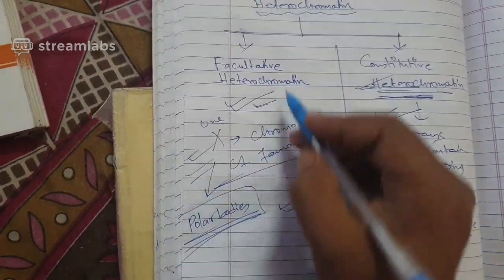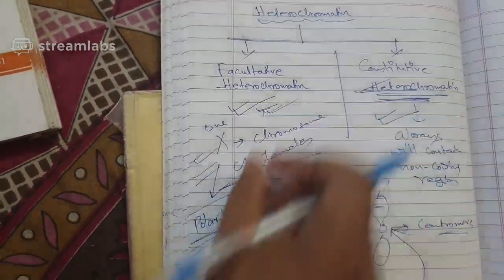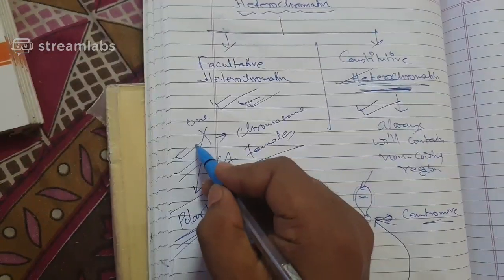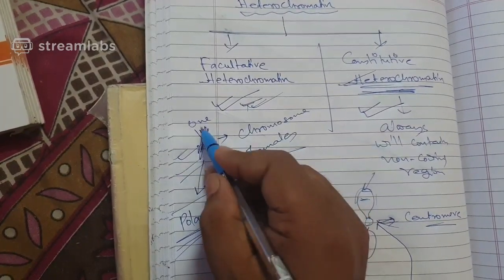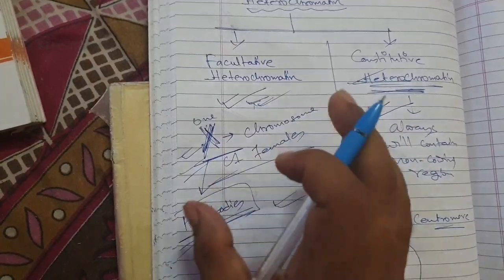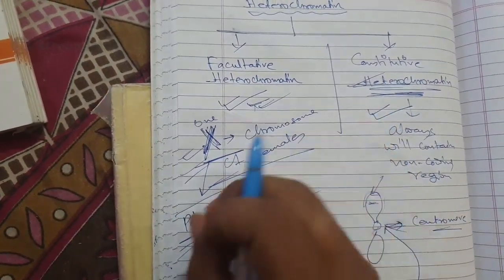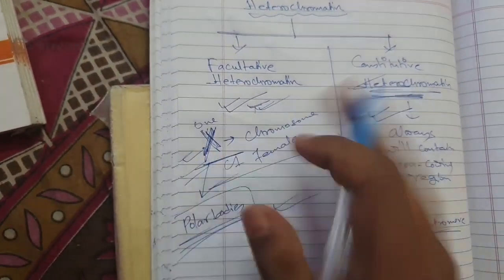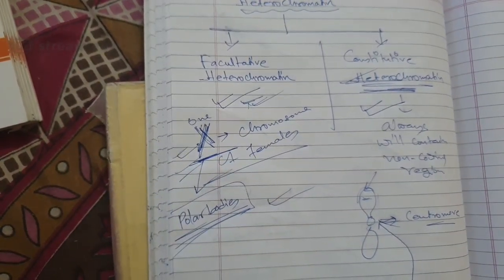Maximum of the X chromosome is formed of facultative heterochromatin, which goes into the polar bodies, which is not required.